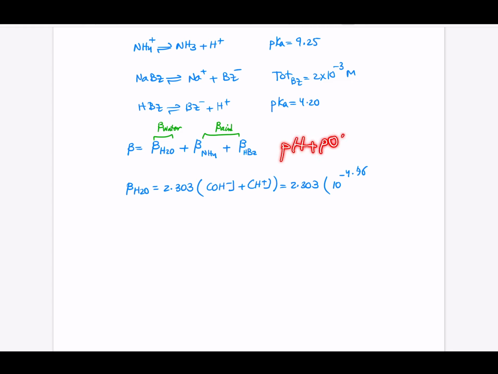Going from pOH to OH minus, that is basically 10 to the power of minus pOH. And then for H plus, it would be 10 to the minus 9.24.